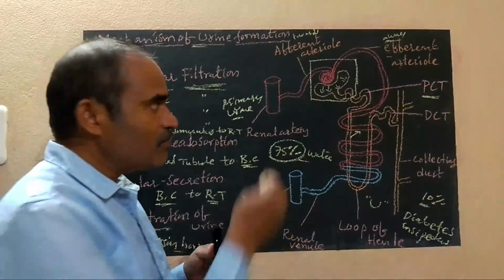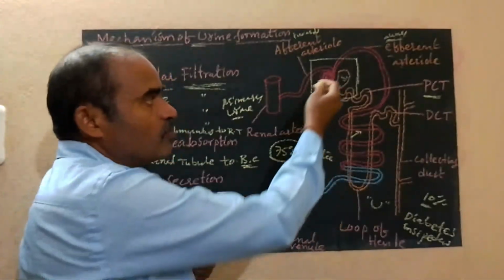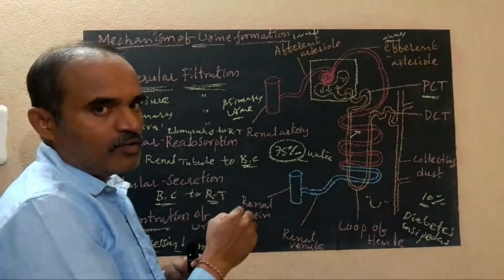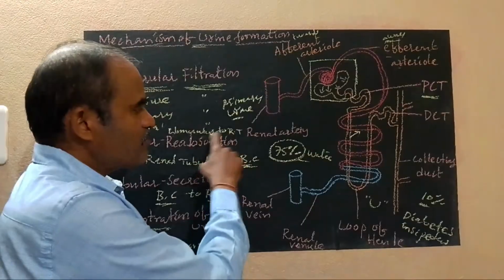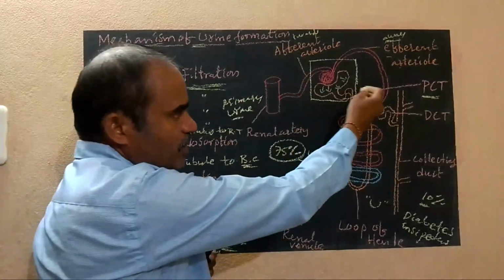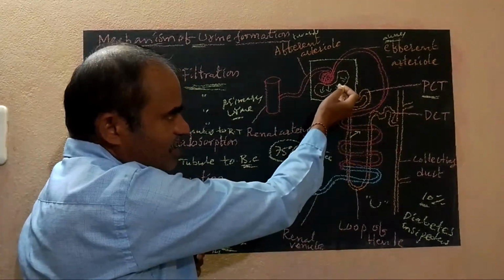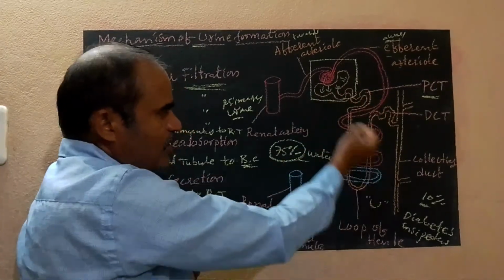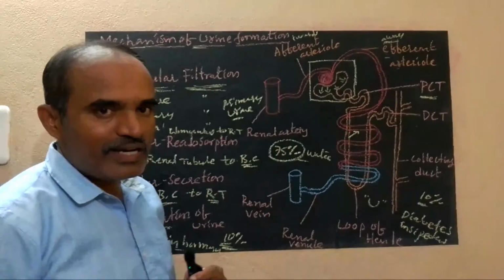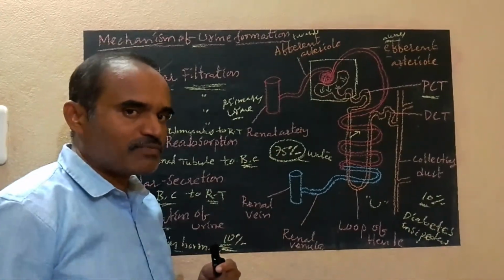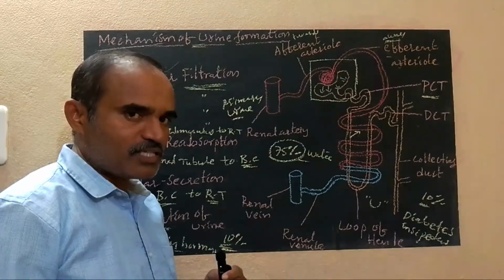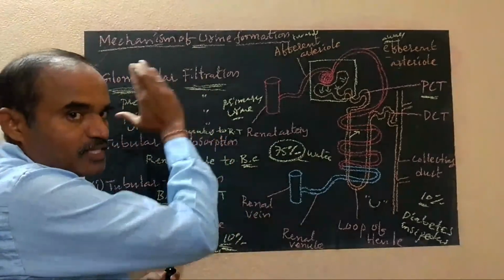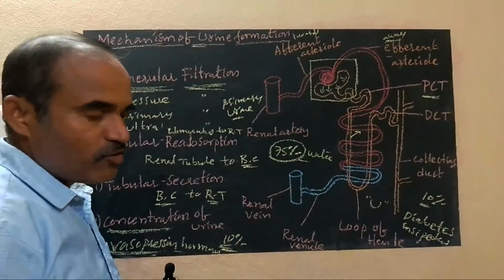Blood flows from the glomerulus to Bowman's capsule, and then to the renal tubule. All the useful and unuseful substances are filtered here. This is the first stage of the mechanism of urine formation.